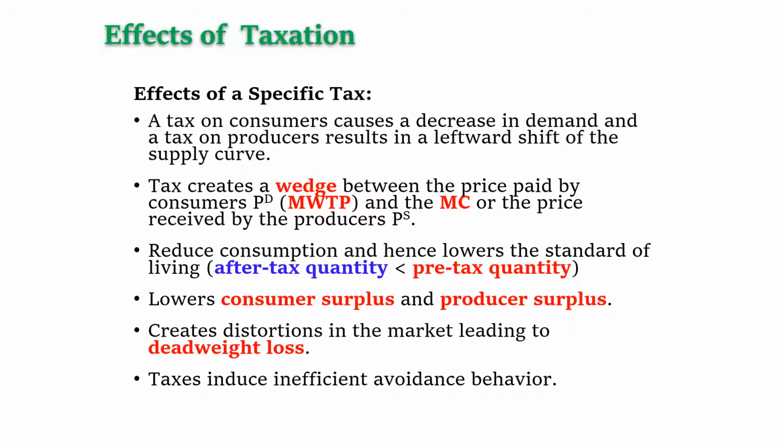The tax creates a wedge between the price paid by the consumer and the marginal cost, or the price received by the producers. So it creates a wedge between the price received by the producers, which is PS, and the price paid by the consumers, which is PD. That wedge is a source of inefficiency, or a source of distortions.